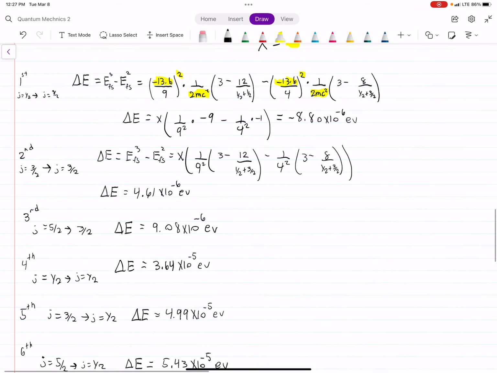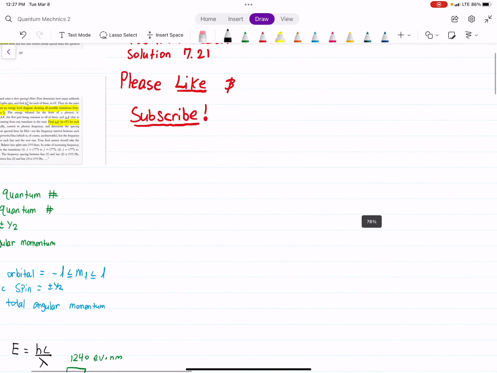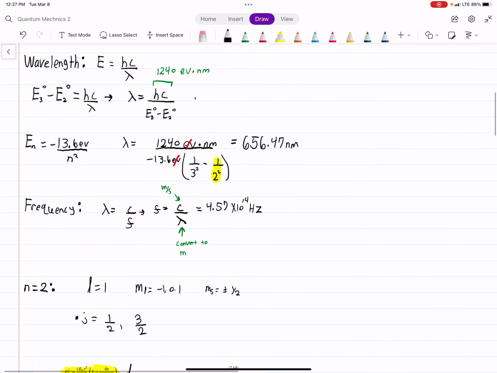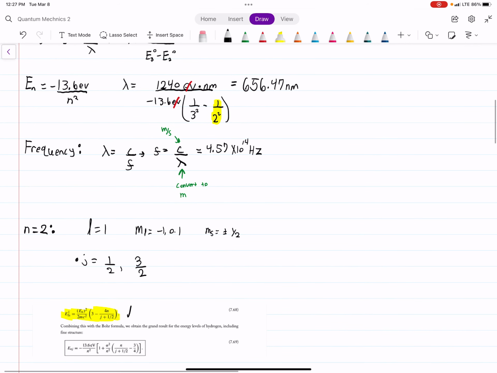So there's a lot of different stuff going on here. First, we found our wavelength between these two energy states and the frequency. We could compare our wavelength and frequency if we wanted.